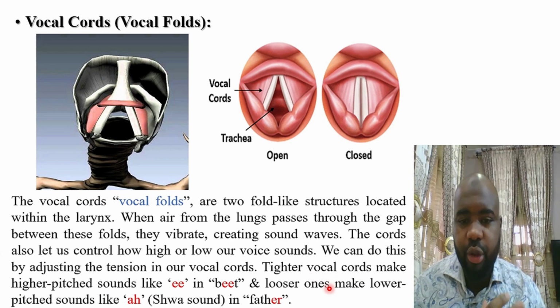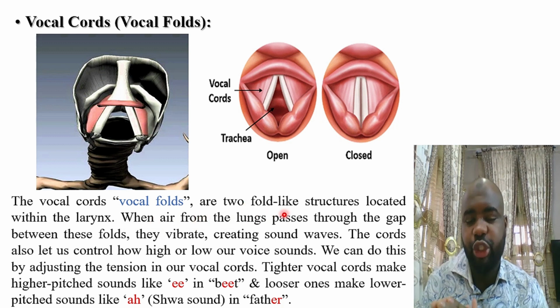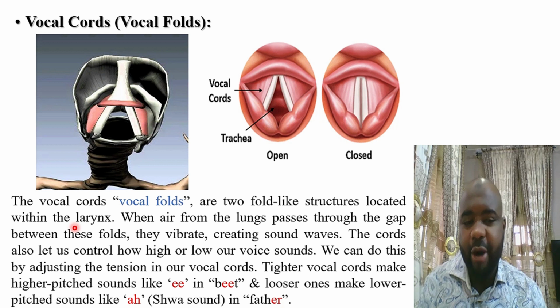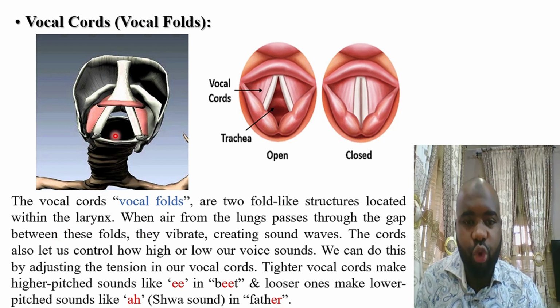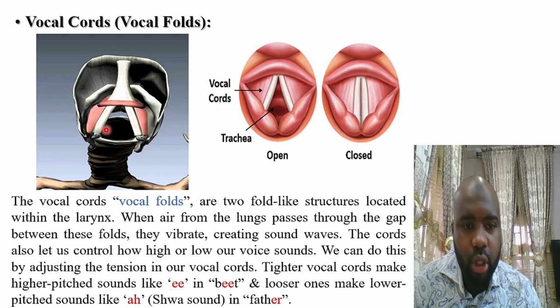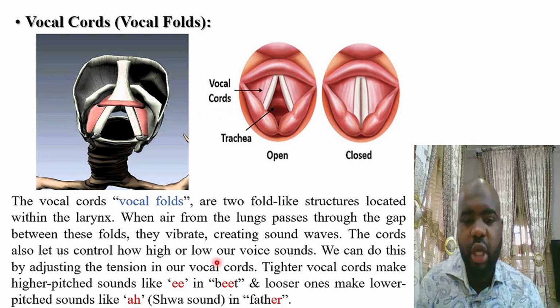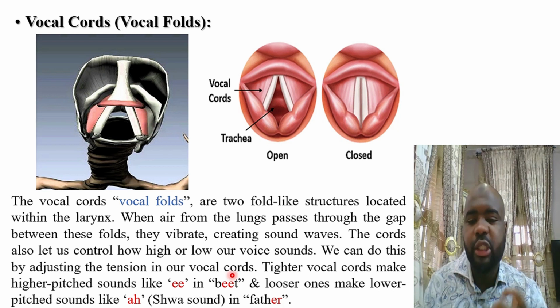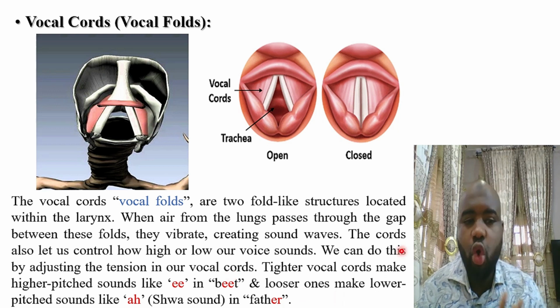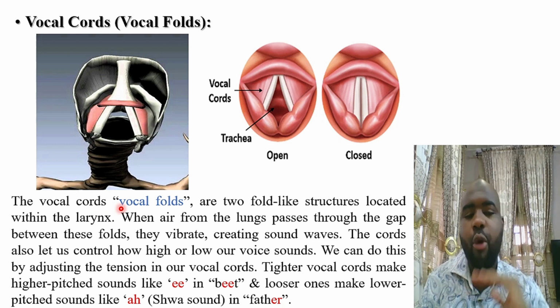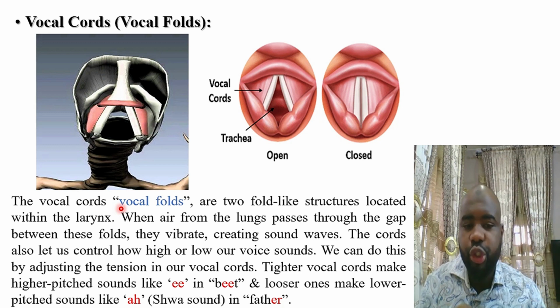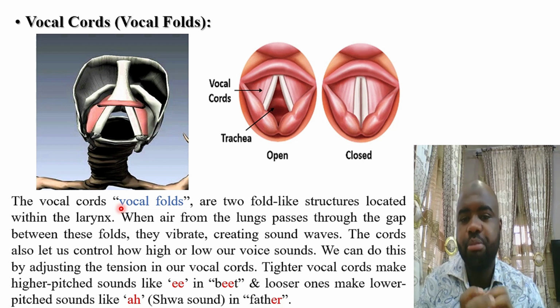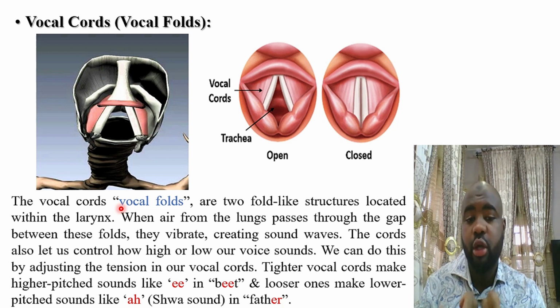Let's see the write-up. The vocal cords or vocal folds are two fold-like structures located within the larynx. When air from the lungs passes through the gap between these folds, passing through here and here, they vibrate, creating sound waves. The cords also let us control how high or low our voice sounds. We can do this by adjusting the tension in our vocal cords.